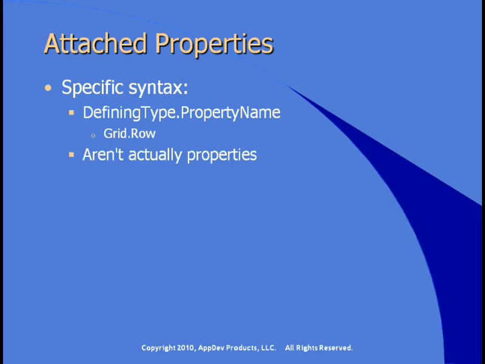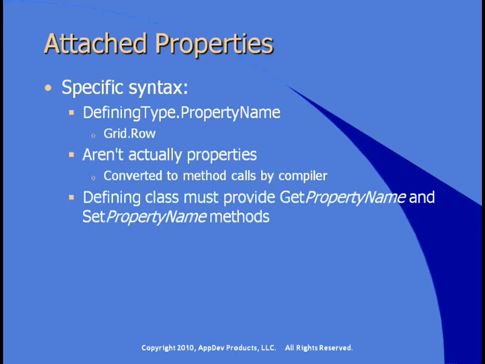They aren't actually properties of the child control. They aren't actually properties of anything. The compiler converts them to method calls on the parent object. So the defining class has to provide, for example, the grid control has a getRow and setRow method.